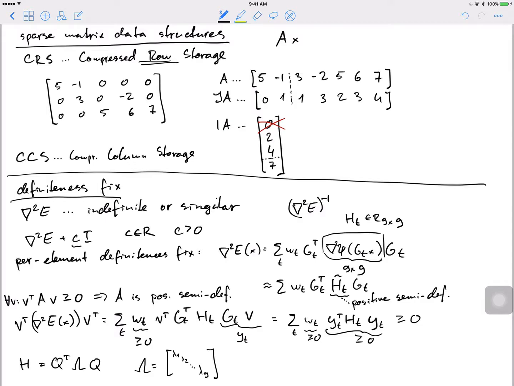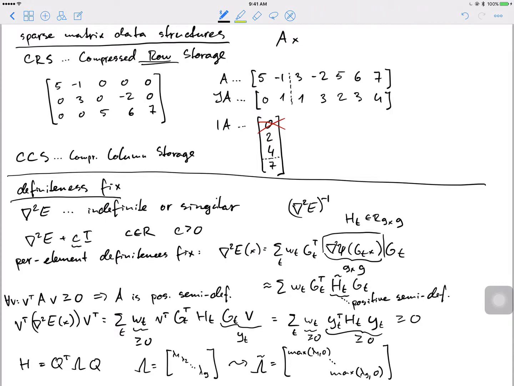That's the problem. What you're going to do is replace it with lambda tilde, which is clamping. So you take the max of lambda 1 and 0, for all of them, up to max of lambda 9 and 0. If it's a negative number, just replace it with 0.